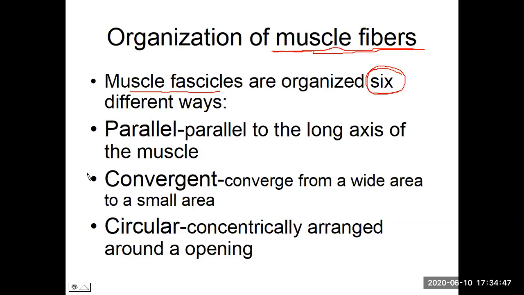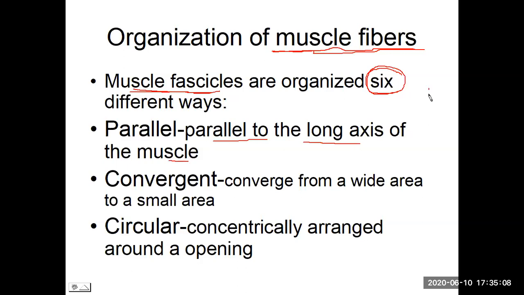So we have the description here, and then we'll skip to a figure that shows these. So to begin, what's known as parallel muscle, the fascicles of muscle cells are arranged parallel to the length of the entire muscle organ.